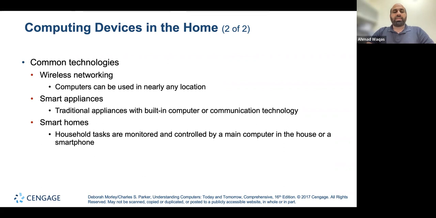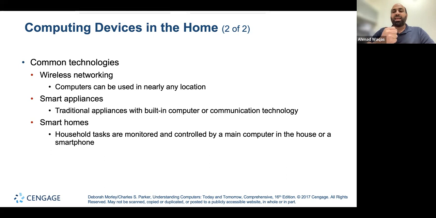Smart appliances are traditional appliances with built-in computer or communication technology. Whenever we talk about the word smart, it means that the appliance or device has an internet connection. You can look around your home and see the smart television, the smart refrigerator, the smart air conditioner.